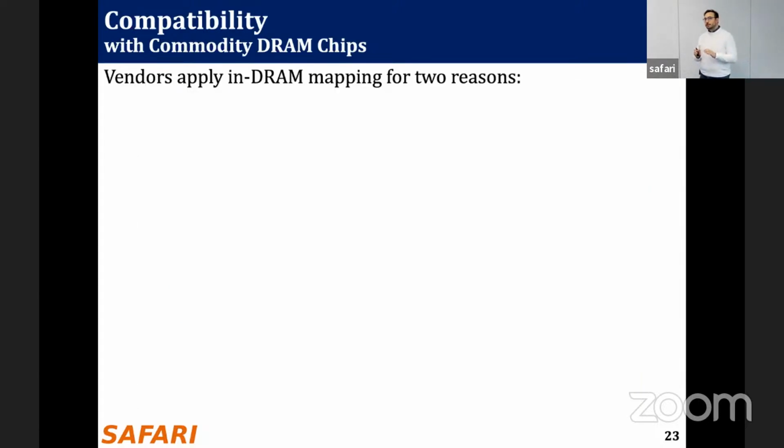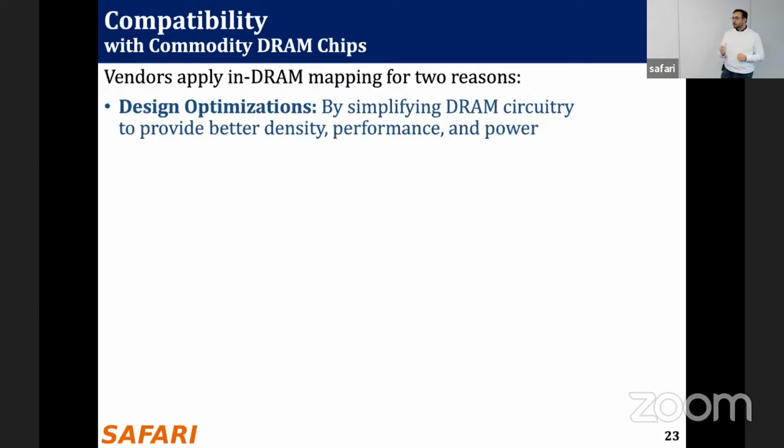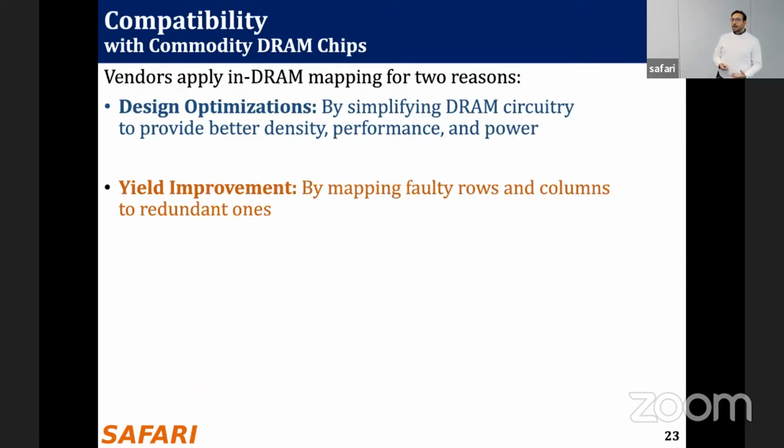DRAM vendors apply in-DRAM mapping for two reasons. The first one is to deploy some design optimizations. When they scramble rows and columns in this way, they can simplify their circuitry to provide better density, performance, and power. And they also improve yield by mapping faulty rows and columns to redundant ones.